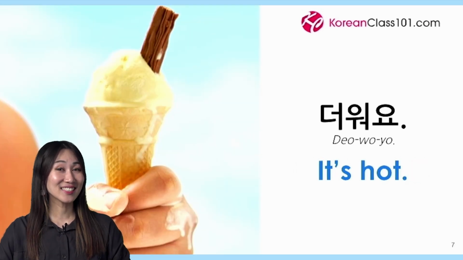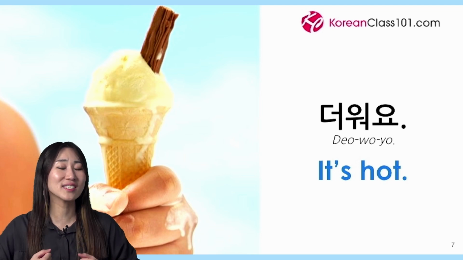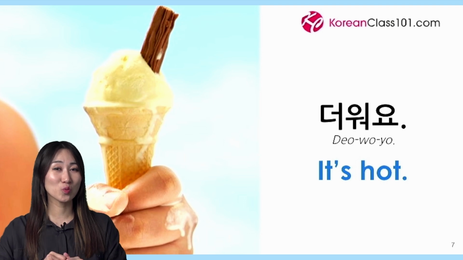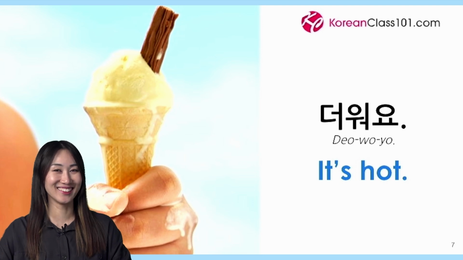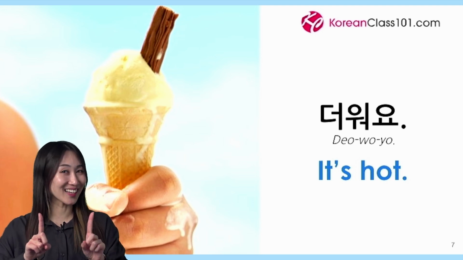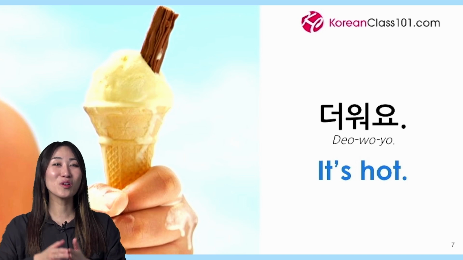Next, yes, in summer, after the rainy season, of course it's hot. 더워요 is hot. And if you don't like the hot weather, well, it's not the best country to travel because it's hot and humid. So, well, it's all up to you.